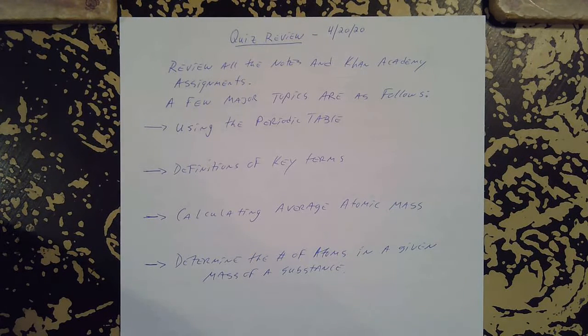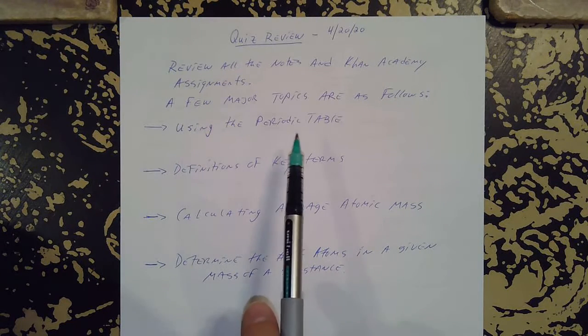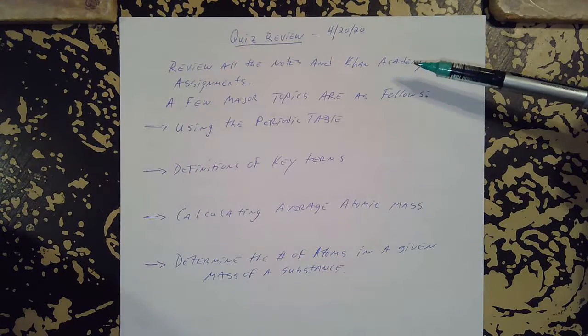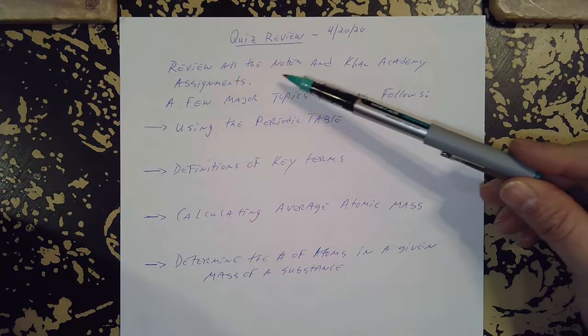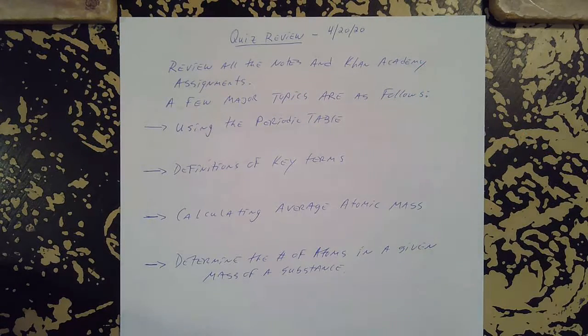So, here's a quick review of some of the notes that we've gone over for Intro to Chemistry so far for the upcoming quiz. Now, I'm going to go over some of the more major topics, things that we will focus in on a little bit more on the quiz, but I do want you to make sure that you do review all the notes that we've gone over so far, the problems, and the Khan Academy assignments.